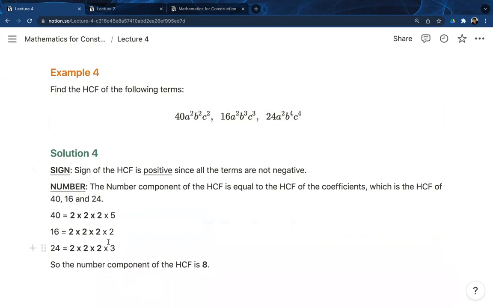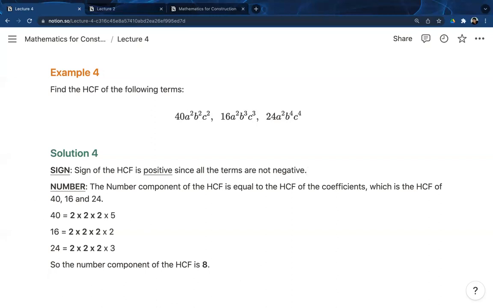And 24 is 6 times 4. So 4 is 2 times 2 and 6 is 2 times 3. So how many prime factors are common? I have one group of 2s, another group of 2s, and another group of 2s. So it's 3 groups of 2s that are common. So you multiply 2 times 2 times 2, the HCF would be 8.